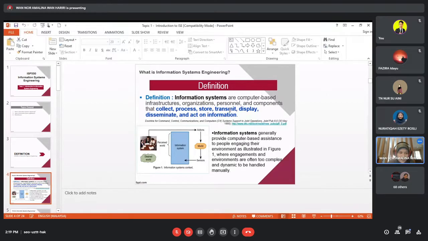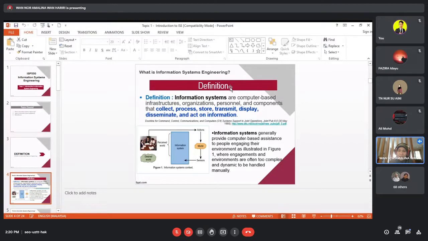Because you are going to identify whether the system you will be looking into is an information system or not. You will have to understand what the components of information systems are and what they do. That is the main reason the definition is needed.